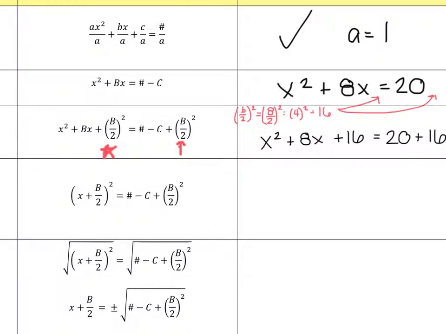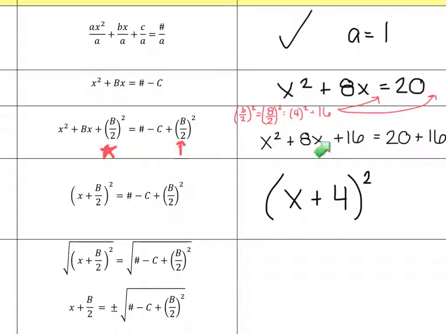Every time it will be x plus b over 2, all squared. Your b over 2 is this number before you squared it right here, that 4. So we write x plus 4 squared.